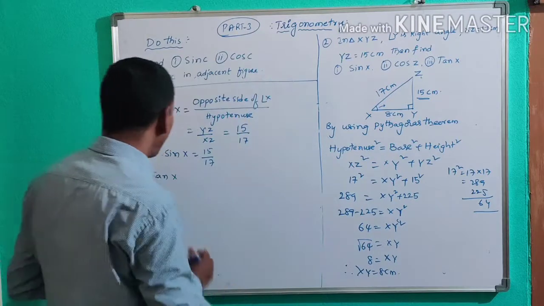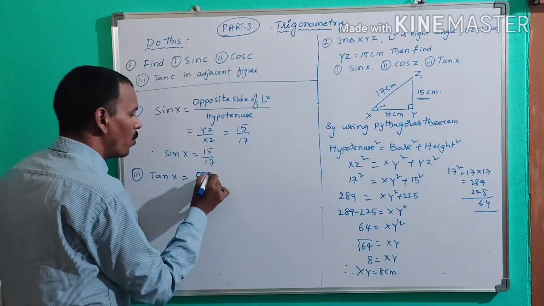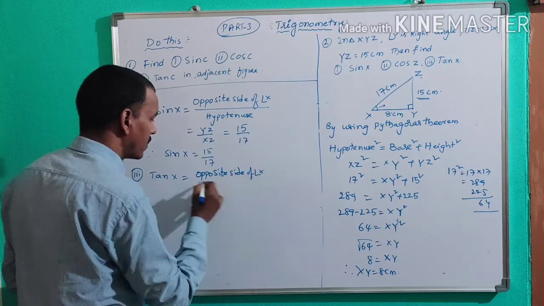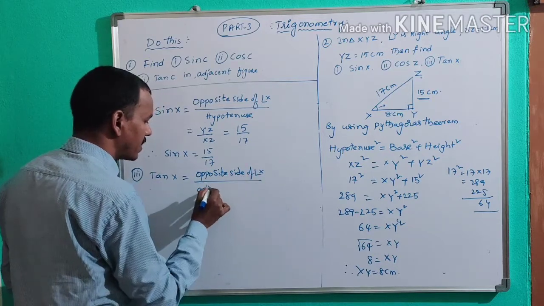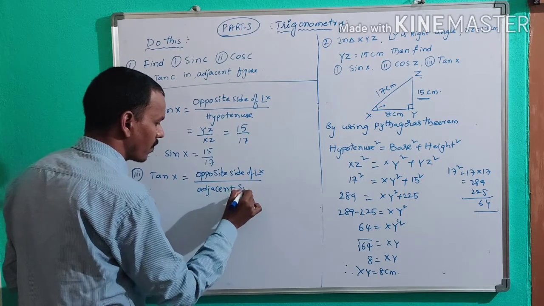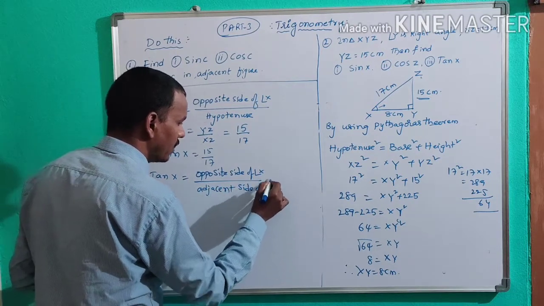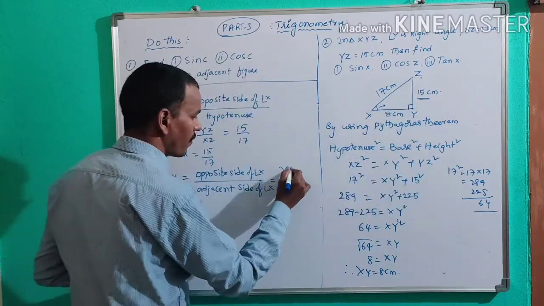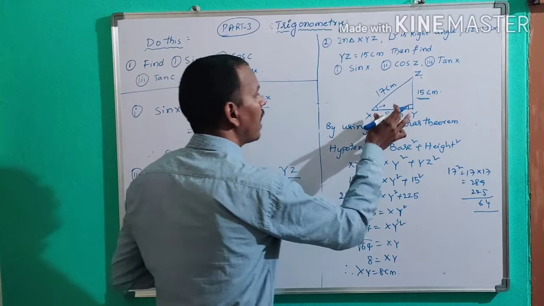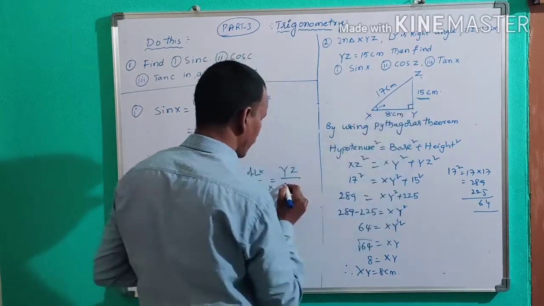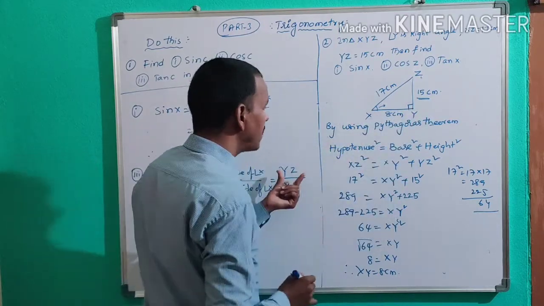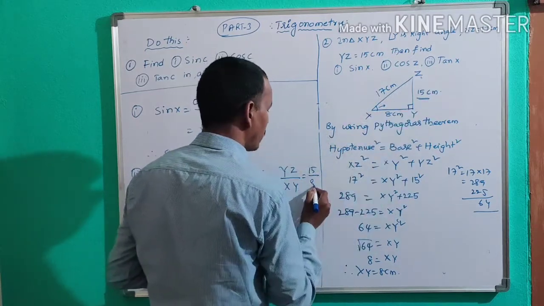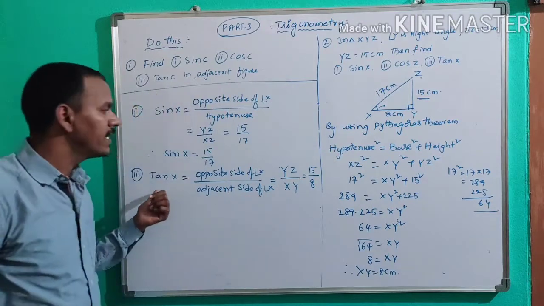Tan X is equal to the opposite side of angle X by the adjacent side of angle X. The opposite side of angle X is YZ, and the adjacent side of angle X is XY. YZ is 15 and XY is 8. So tan X is 15 by 8.